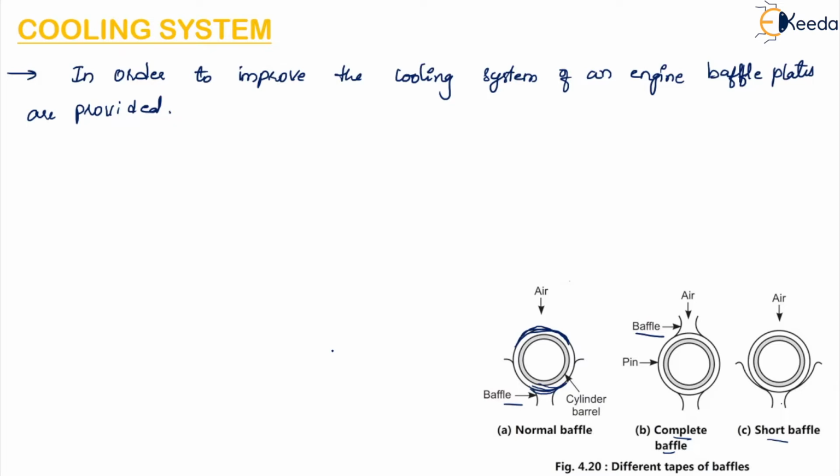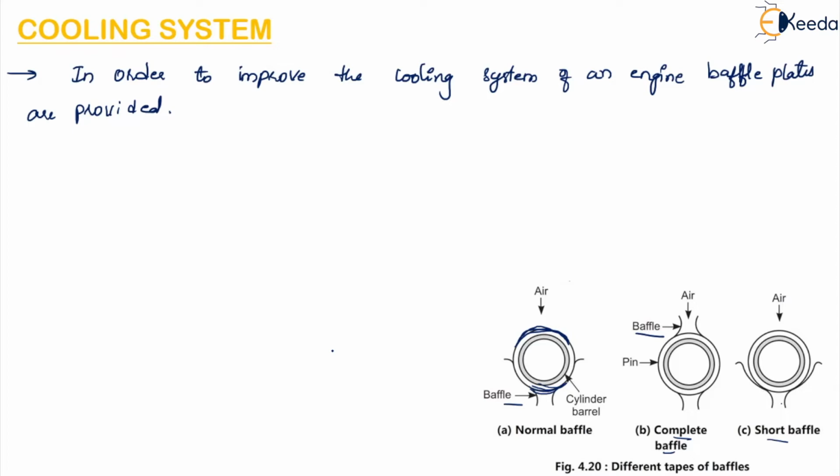When the baffle plates are provided on the cylinder, the airflow between the fins is at a high speed, and with the baffle plates mounted on the outside of the cylinder, there is more uniform temperature along the circumference of the cylinder.